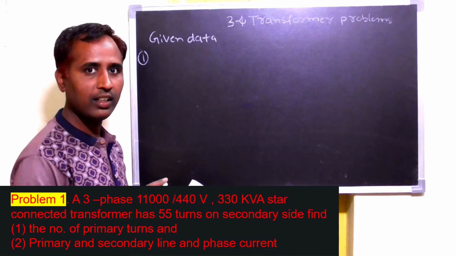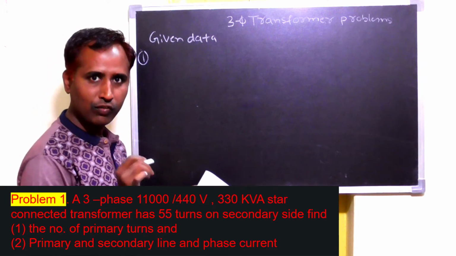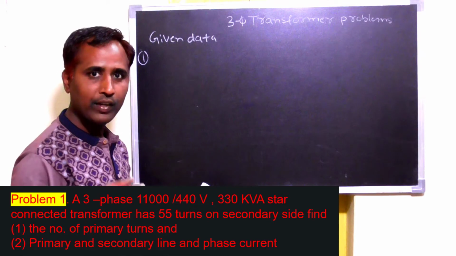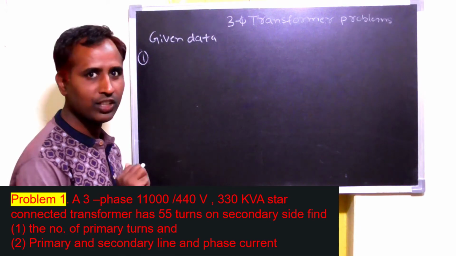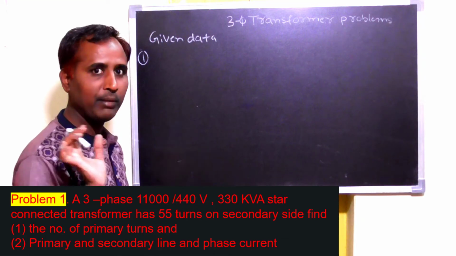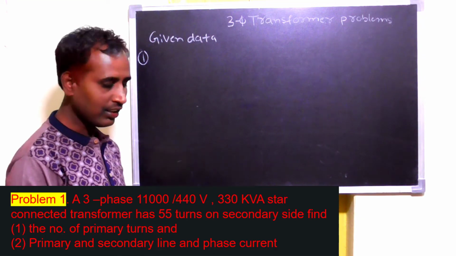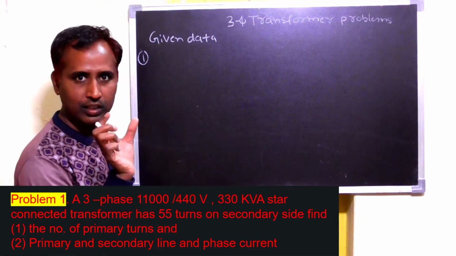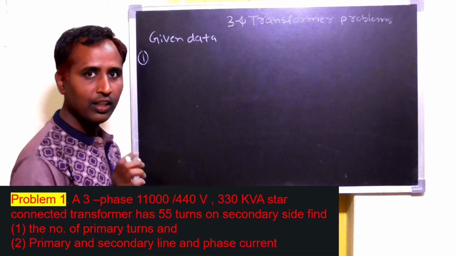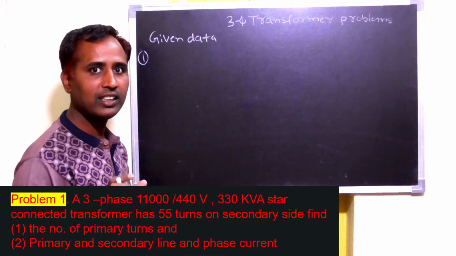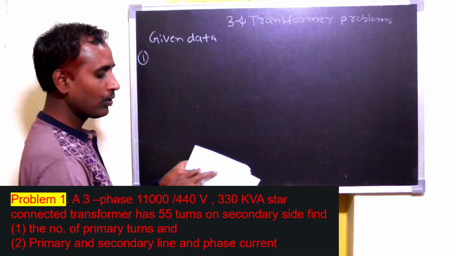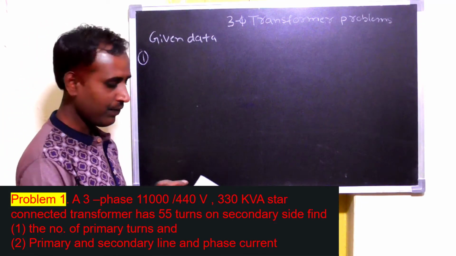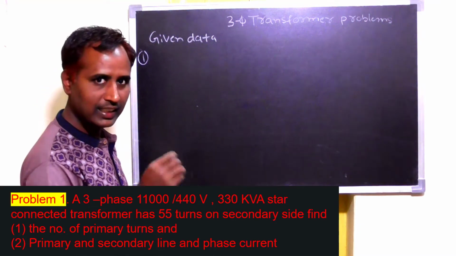The question is whether this is a line voltage or phase voltage. This confusion will come. So keep in mind, whenever he gives this type of direct voltage rating, the default is a line voltage. So 11,000 is the primary side and 440 volt is the secondary side voltage.